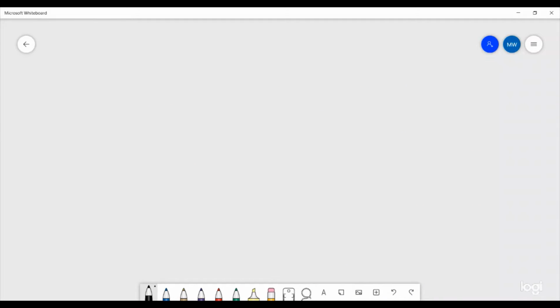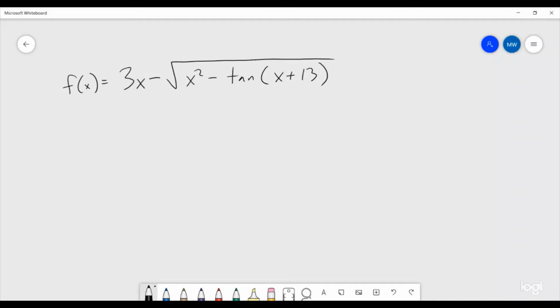suppose we had f of x is equal to 3x minus the square root of x squared minus tangent of x plus 13. If we had this, then the derivative would be f prime of x is equal to the derivative of our first piece, so the derivative of 3x is just a 3, and then we have a chain rule problem here.